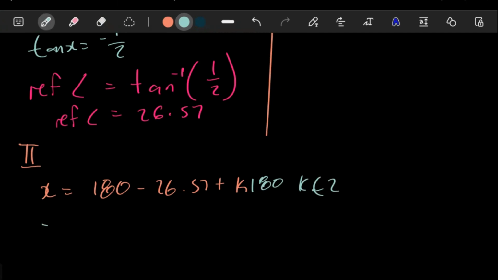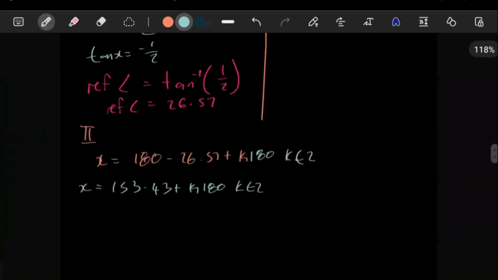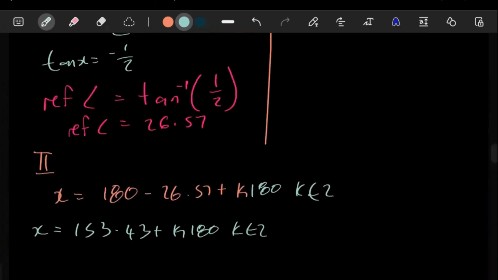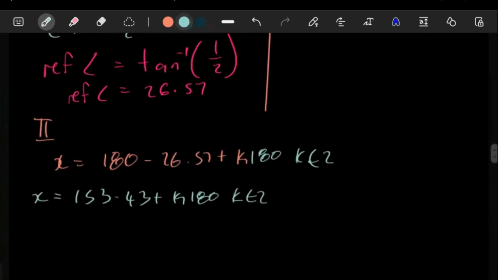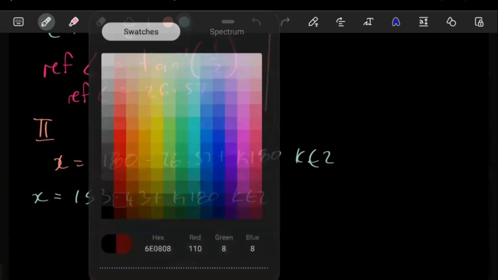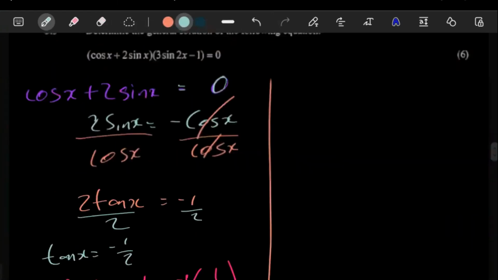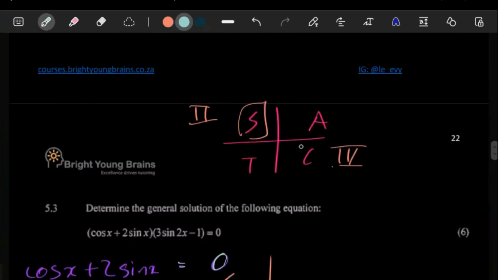You're going to have here x is equal to 153.43 in the calculator, plus k 180. K is an element of integers. There we go. So from here you can just get the other answer, which is going to be in the 4th quadrant, right? The 4th quadrant is like this. 4th quadrant is like 360 minus.